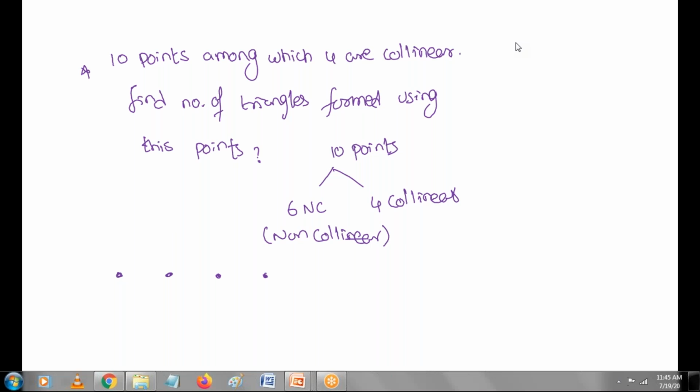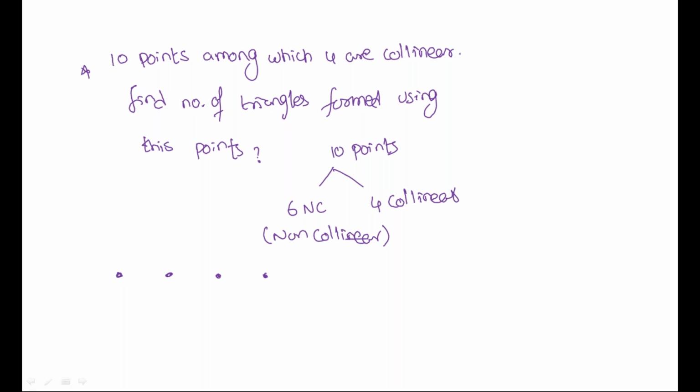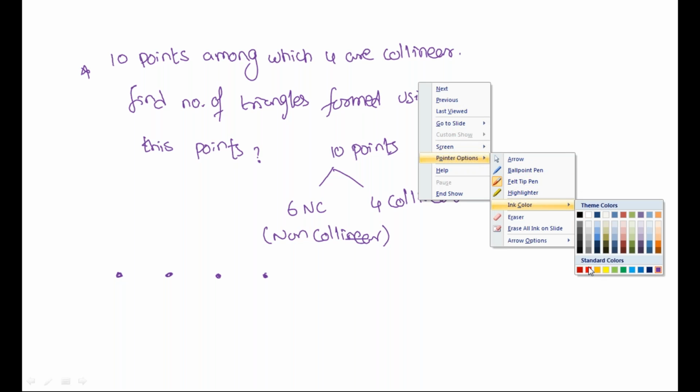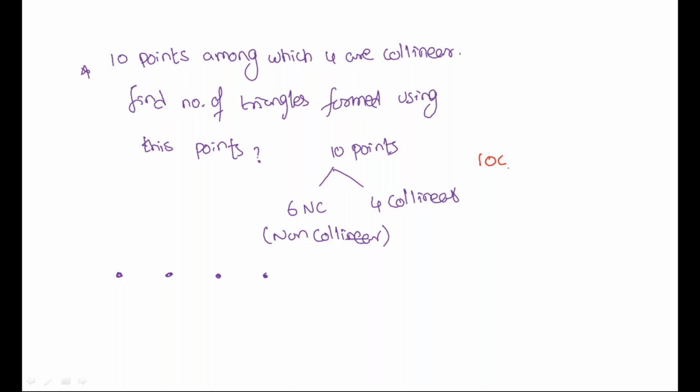Same trick as the previous question, but here we do 10C3 minus 4C3. 10C3 is 120. 4C3 is 4, since 4 into 3 into 2 by 6 gives 4. Here 120 minus 4 is 116. Why minus 4C3, guys? Because 4 collinear points will not form any triangle.